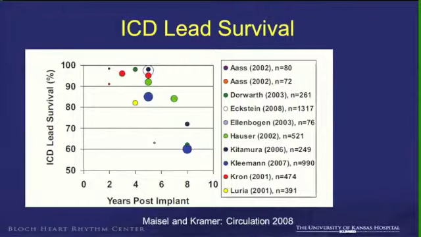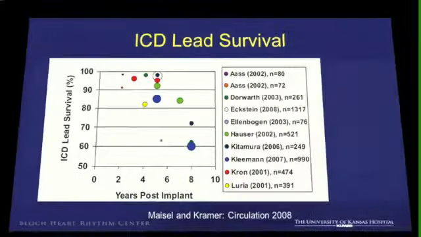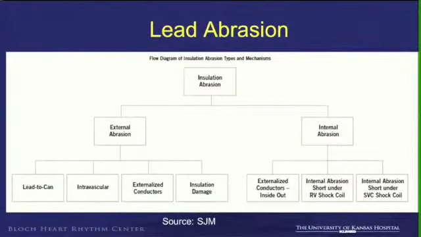Now we have bigger registries and longer follow-up, and this is the actual real-life survival. Again, lead abrasion, I just want to touch base on that because this is one of the things we're going to talk about. It's classified into different categories. You have external abrasion or internal abrasion, and external abrasion can be because of many reasons, and internal abrasion can be because of many reasons.